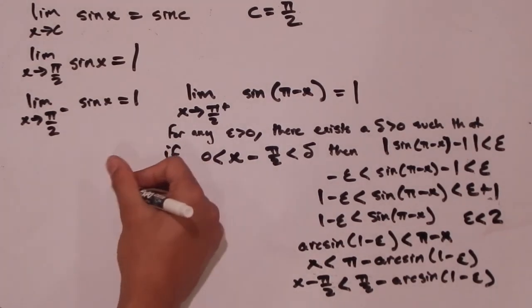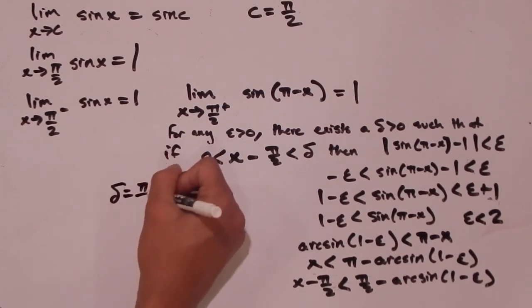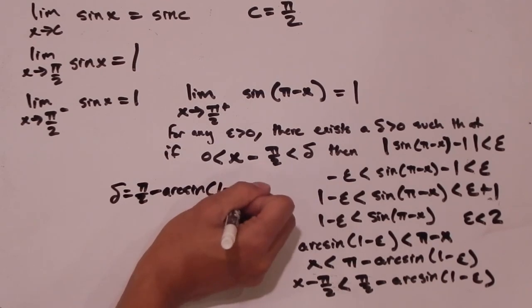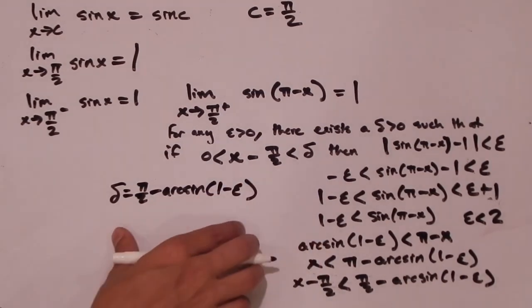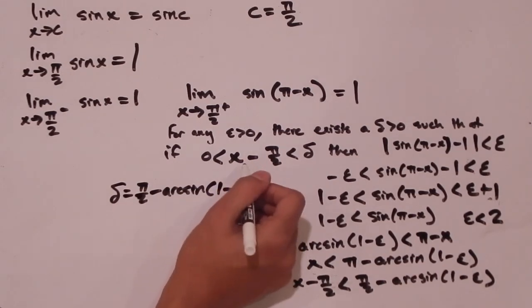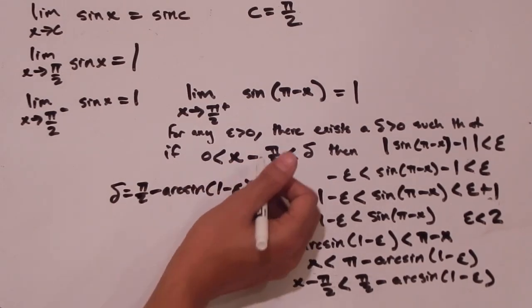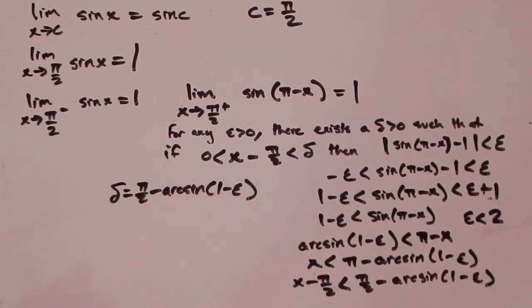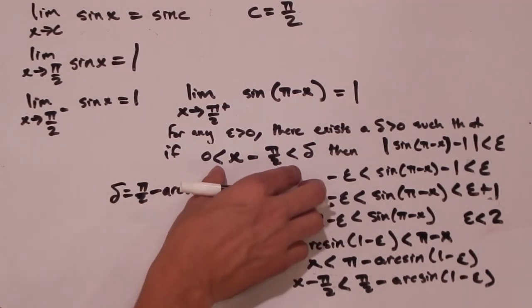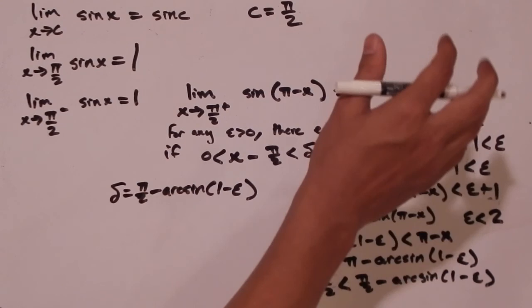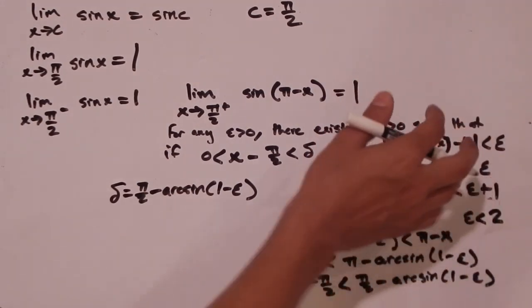So if we set our delta value equal to pi over 2 minus arc sine of 1 minus epsilon, it's very easy to see that that in fact does work. That limits us to picking x values such that x minus pi over 2 is indeed less than pi over 2 minus arc sine of 1 minus epsilon, meaning that those x values will give back sine of pi minus x minus 1 values, the absolute value of which will be less than epsilon.